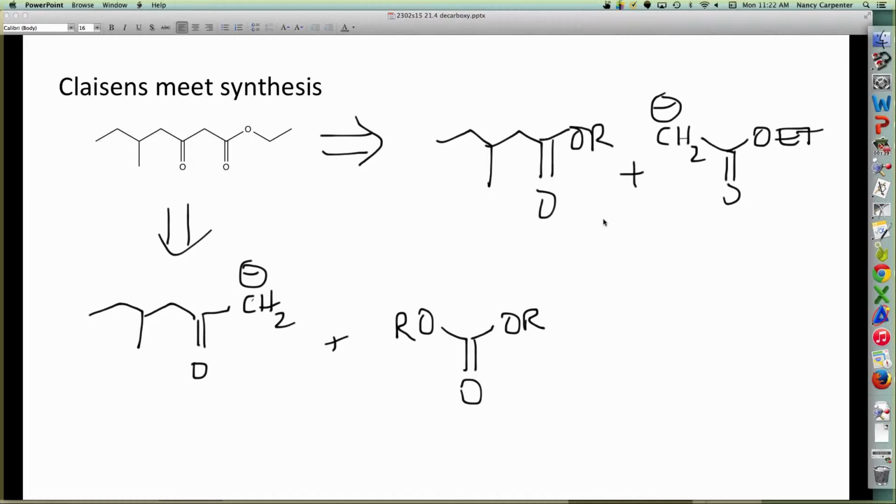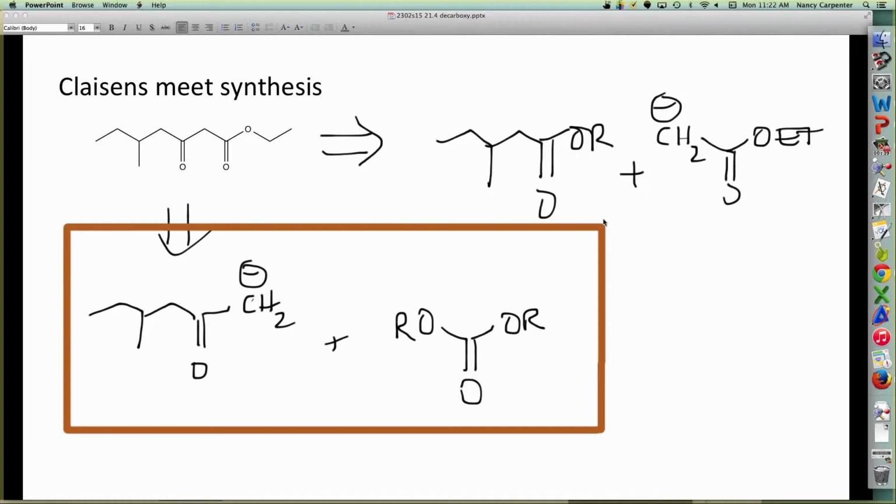So in theory, both of them will give us the same target, but only one of these is going to work really well, and that is this one, because this guy is going to lead to the possibility of a crossed Claisen, right? Because if I look at this enolate, it could certainly deprotonate the alpha hydrogens of the second ester.